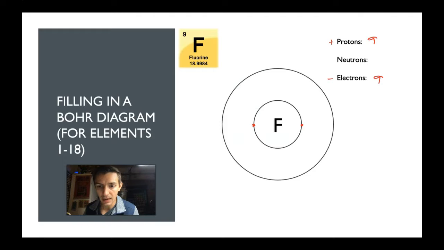Now I'm going to move up to the next level, and I'll keep counting. 3, 4, 5, 6, 7, 8, 9. Okay, so in this case, I've put all 9 down, and I've filled up the inner energy level, and I've placed the rest on the second energy level. And this is a completed Bohr diagram for fluorine.